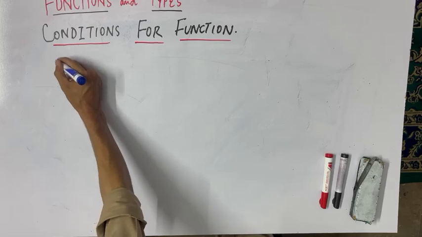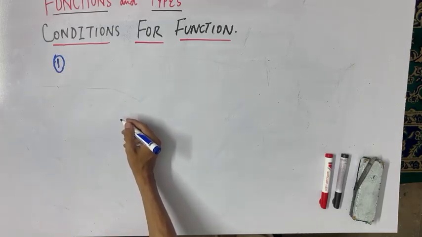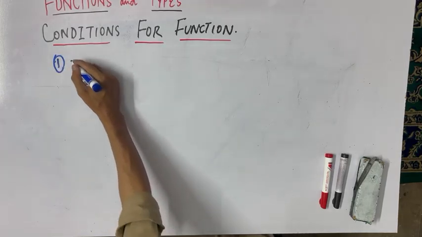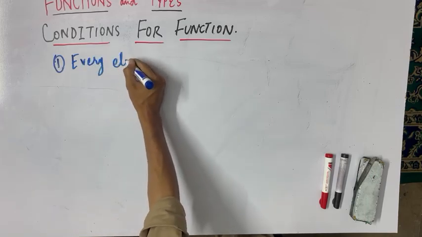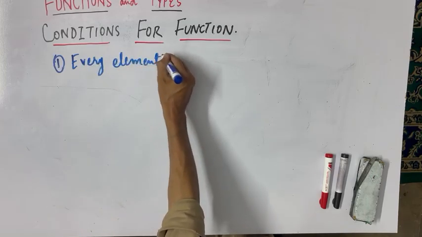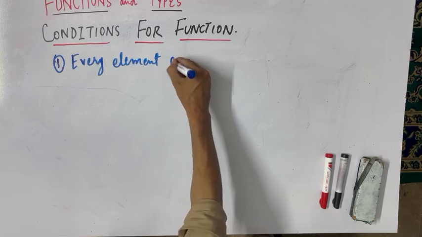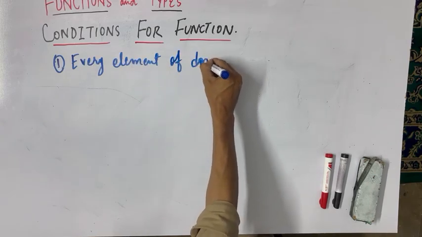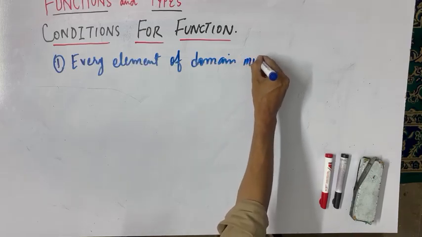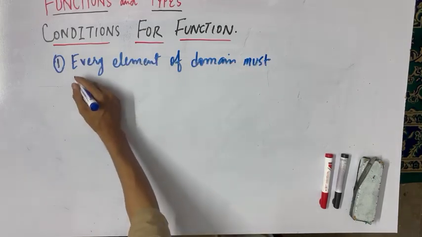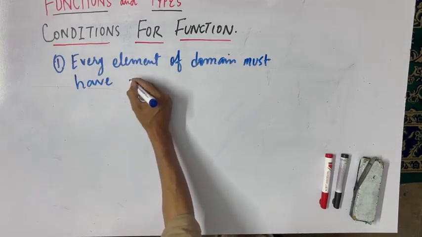The first condition is that every element of the domain has an image. Every element of the domain must have an image, or an output.